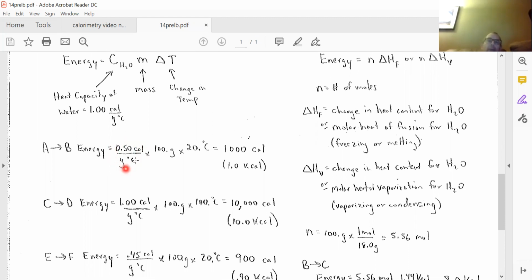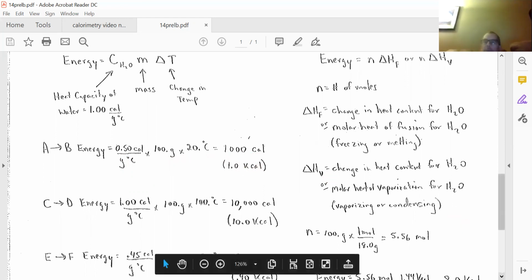That would be given to you. I think it's actually in your homework packet. So that is the heat capacity of ice. We set 100 grams, and it went from negative 20 to 0. So we multiply that, and if we're doing this in calories, we get 1,000 calories or 1.0 kcals.